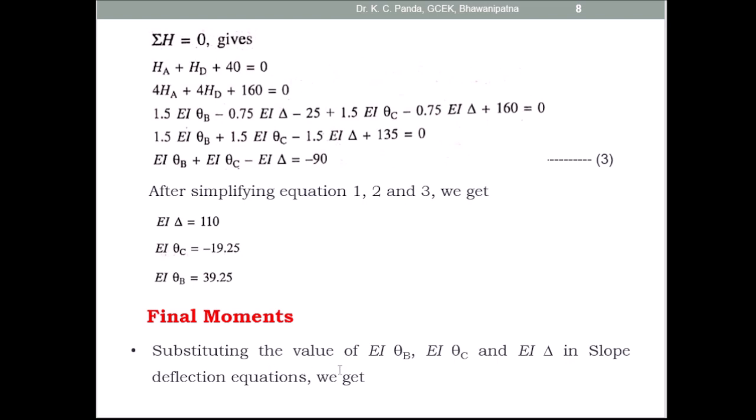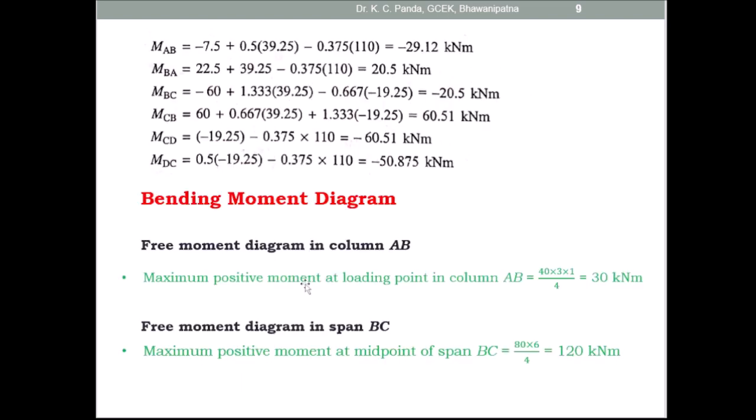Substituting the values of EI theta B, EI theta C and EI delta in the slope deflection equations, we get MAB is equal to minus 7.5 plus 0.5 into 39.25 minus 0.375 into 110, which is equal to minus 29.12 kilonewton meter. Then MBA is equal to 22.5 plus 39.25 minus 0.375 into 110, which is equal to 20.5 kilonewton meter.